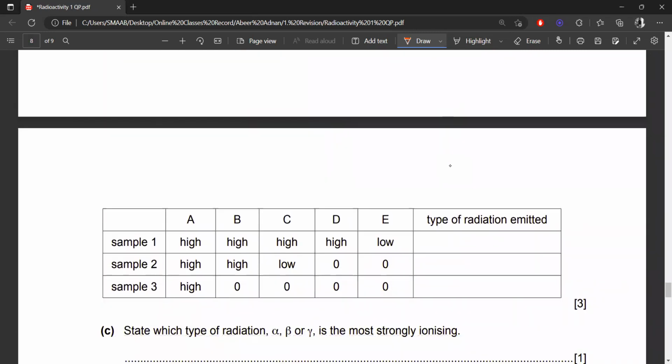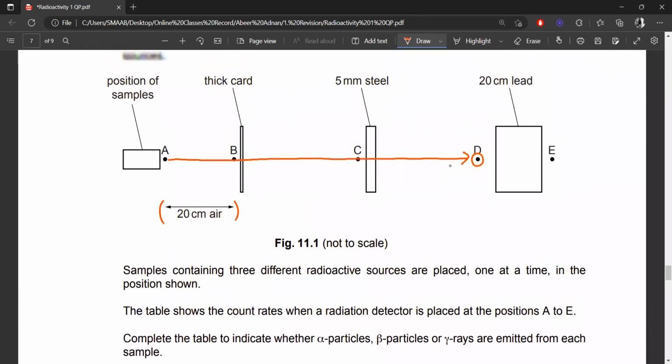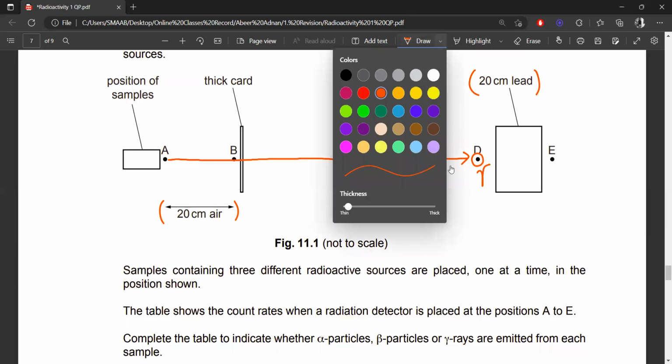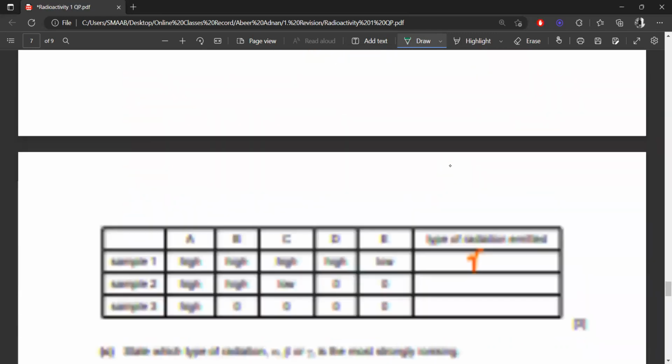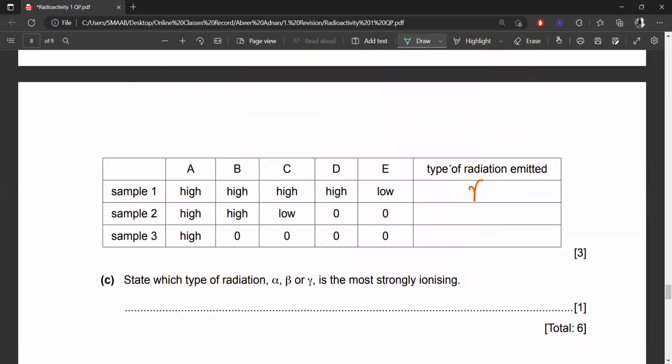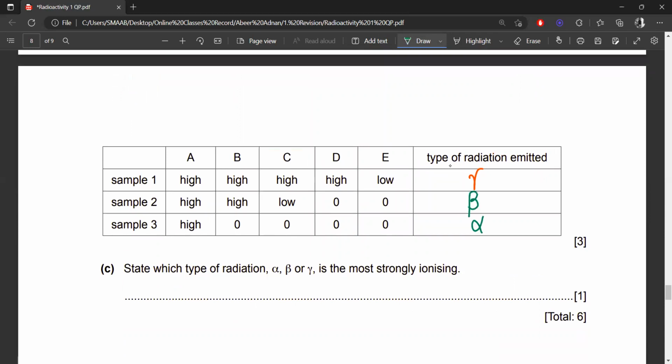So the first one is gamma because it can pass through the 20 centimeter lead at D. So at D we get gamma, and at C, beta? Yes, at C we are getting beta, and at B getting alpha. Alpha? At D, A, B, and C is low. It means finally we have alpha.